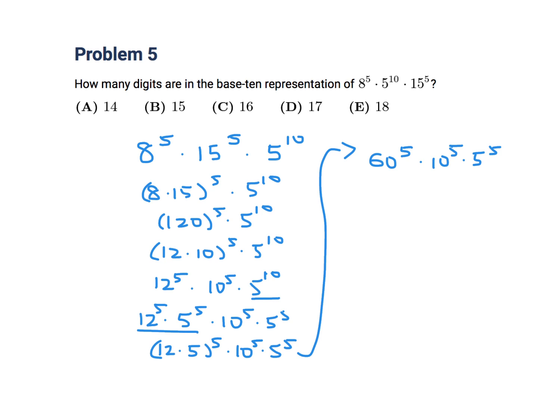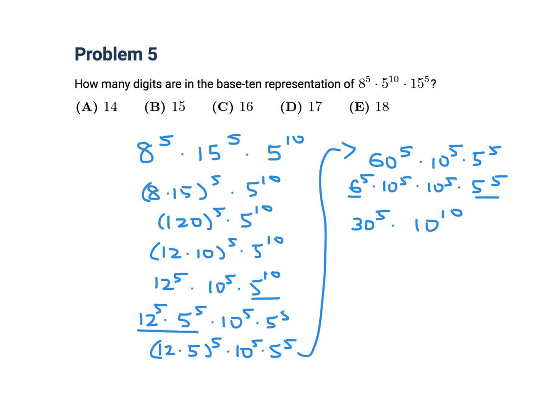And let's see here, this is 6 times 6 to the 5, 10 to the 5, times 10 to the 5, 5 to the 5. Okay, if I combine that and that, that'll be 30 to the 5, and then this 10 to the 10. We're almost there.